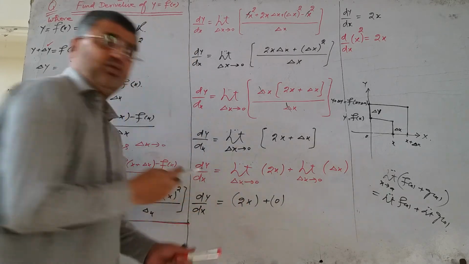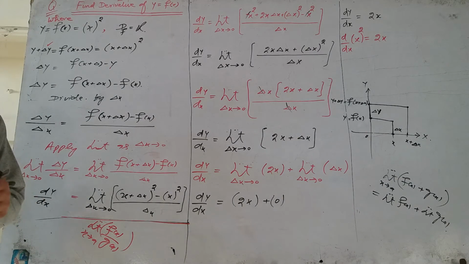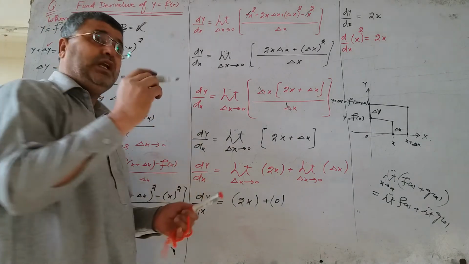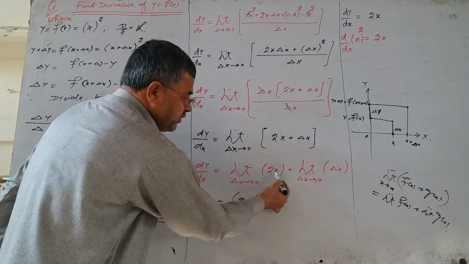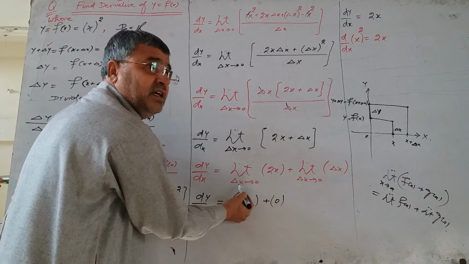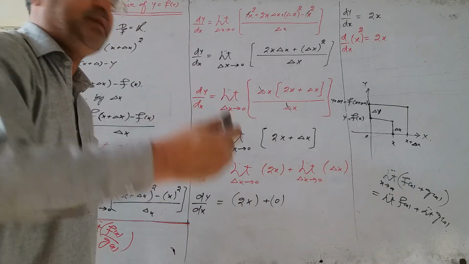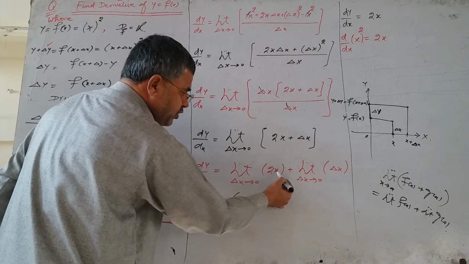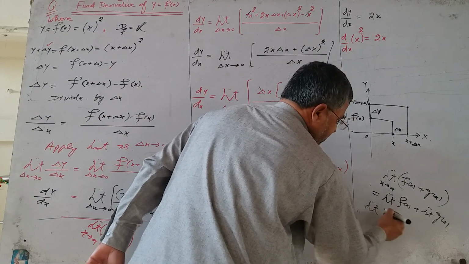In the range of the limit, there is only the variable del x, and 2x with respect to the limiting value is a constant. Therefore, the limit of 2x is the same 2x, as explained in our previous lecture.